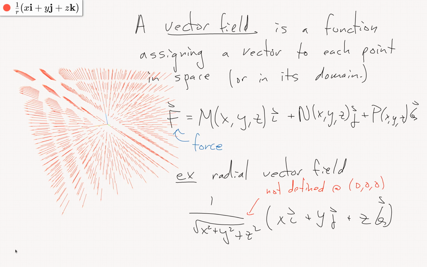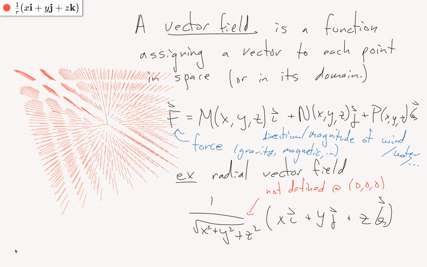So yeah, some examples of vector fields: this could be describing, for instance, the direction and magnitude of wind or water or some other fluid that's moving, or it could represent a force like gravity or magnetic force, and so on.